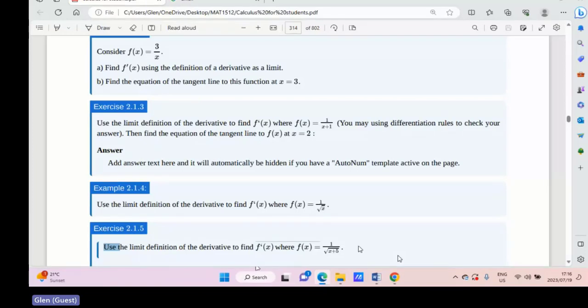Do you all see it? Yes, sir. Tando, do you see it? Vincent? Yes, sir. I just wanted to find out which question we are working on. Exercise 2.1.5. Oh, okay. Thank you, sir. This one, do you see it? Yes, sir. Thank you.